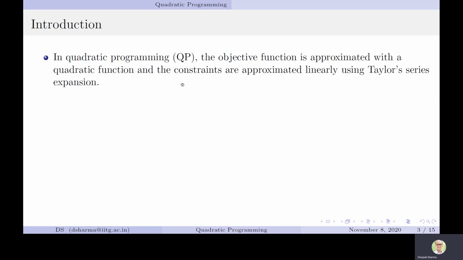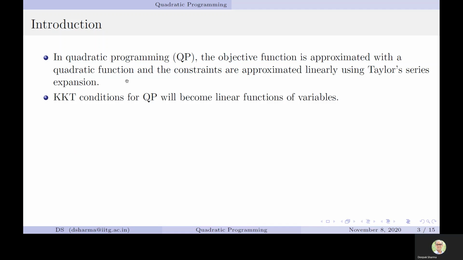In quadratic programming, in short referred to as QP, the objective function is approximated with a quadratic function, and the constraints are approximated linearly, say using Taylor series expansion.